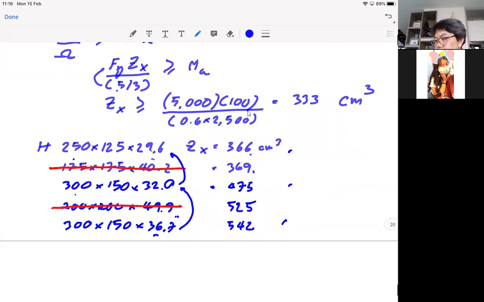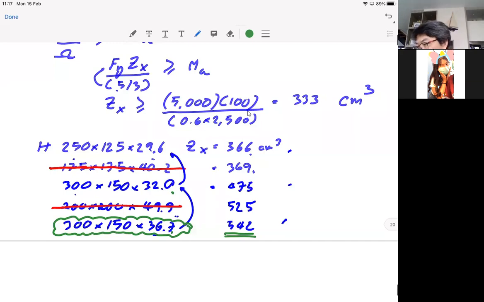So I would say this one would make a very good candidate in this case, because it is only slightly heavier than this, but it probably gives a much better plastic section modulus and better serviceability, which is the calculation of displacement as well.